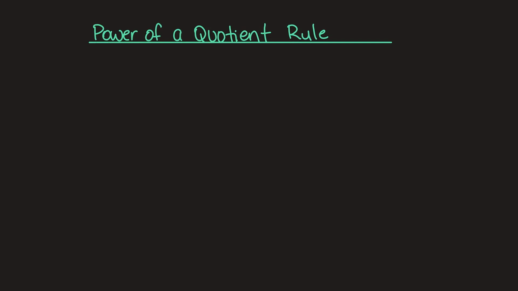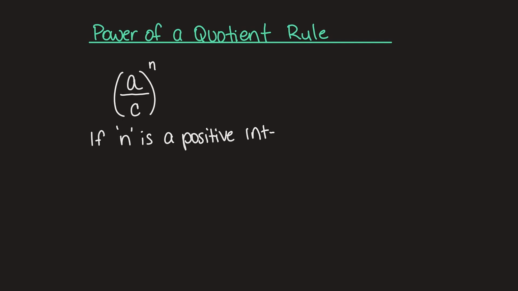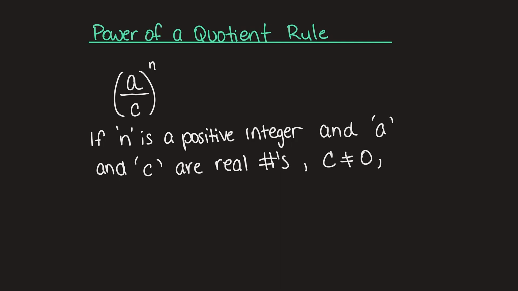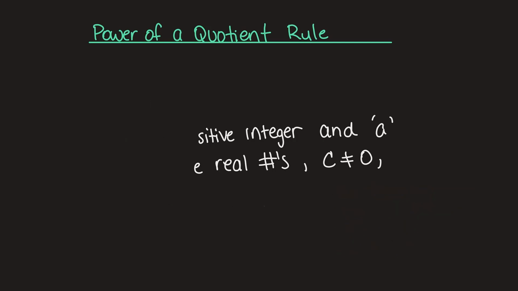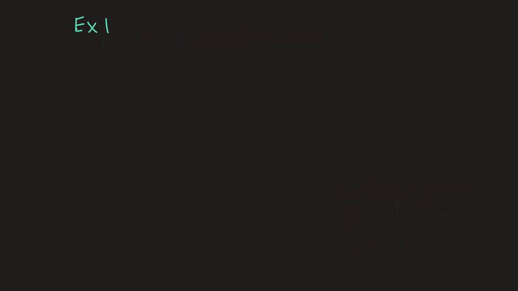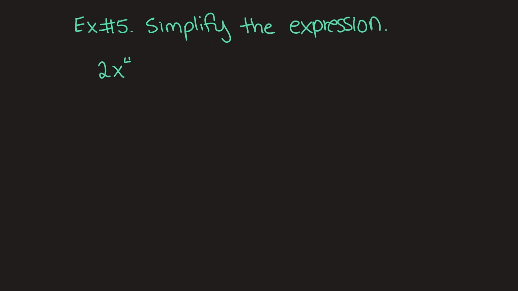So if we have a quotient a over c raised to a power n, and if n is a positive integer and a and c are just real numbers with c not equal to 0, then a over c raised to the n is the same as a to the n over c to the n, where both the numerator and denominator get raised to the n power. So for example 5, let's simplify the following expressions.